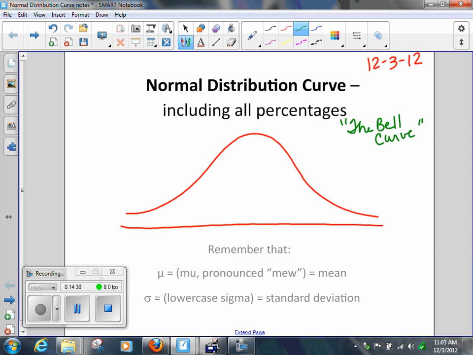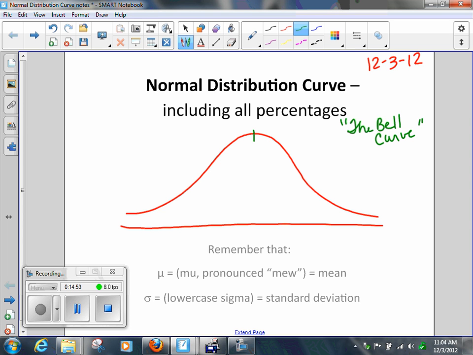If you're looking at test scores, the most people, and this is my rule of thumb, the majority of a class, should be falling in the middle. Now think, falling in the middle would be scoring what? C's.